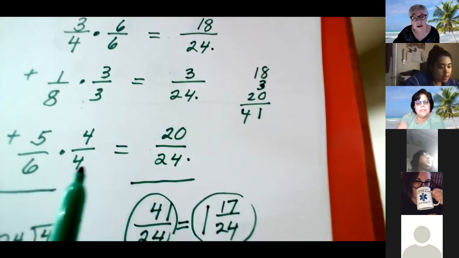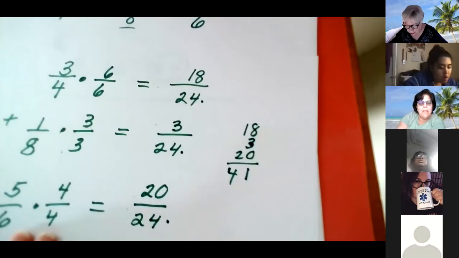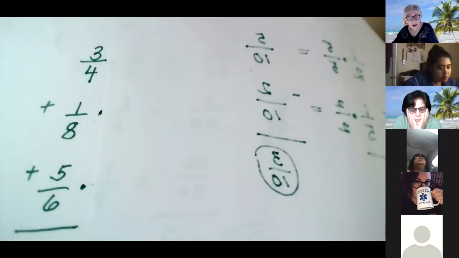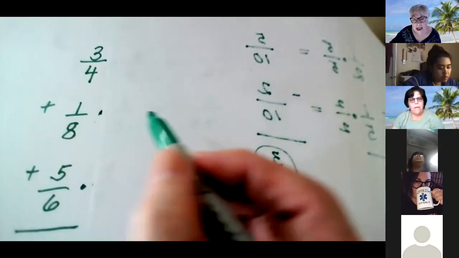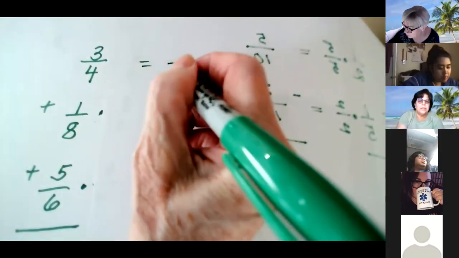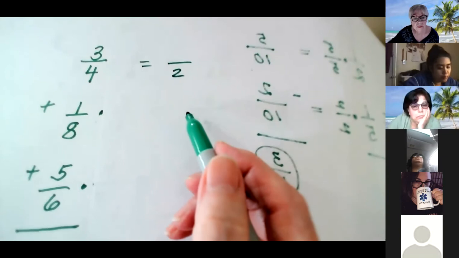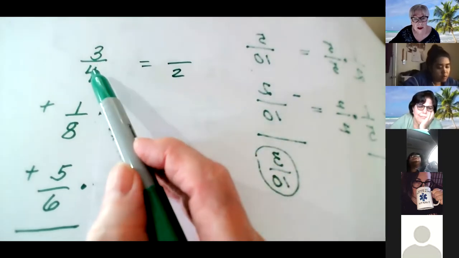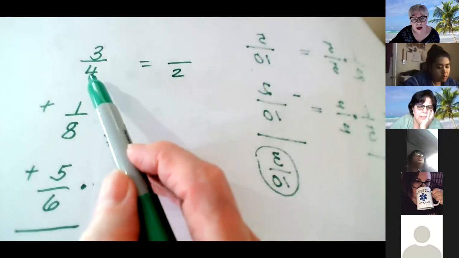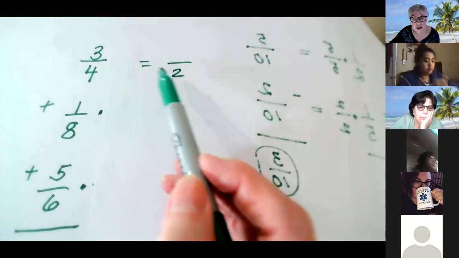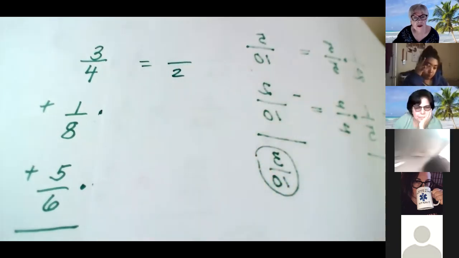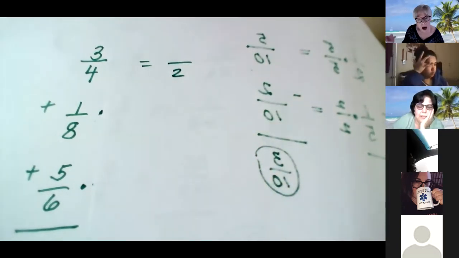Let's go back to the original problem. If we had picked 2, I can't turn these into 2s. 4 divided by 2 is 2, but 3 divided by 2 is a fraction. We've just made it worse. So it has to go up.